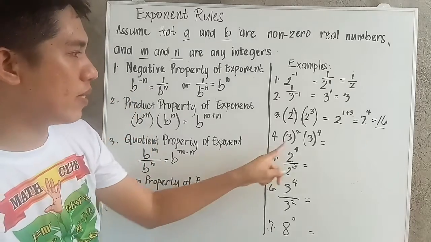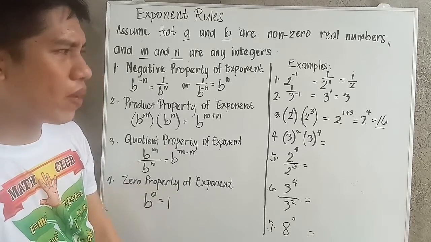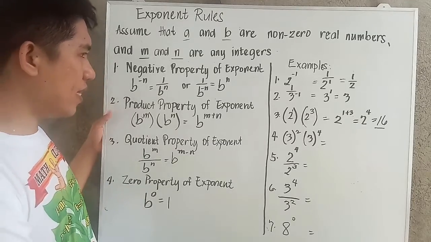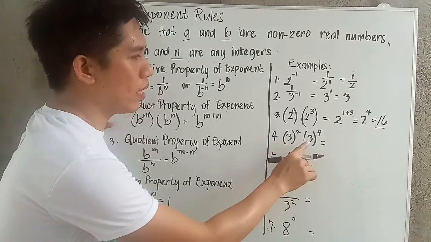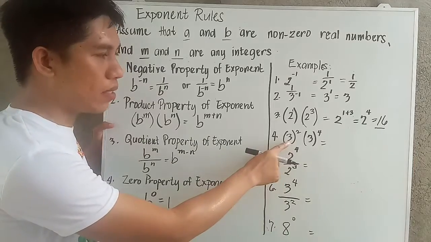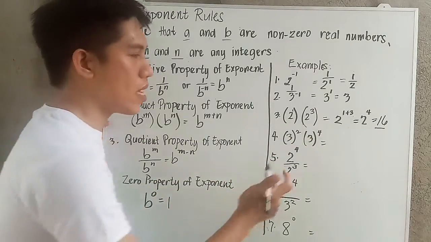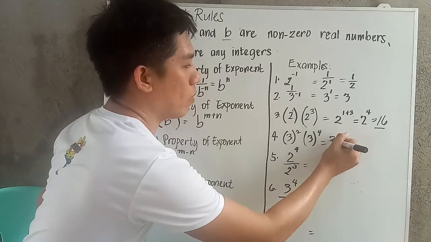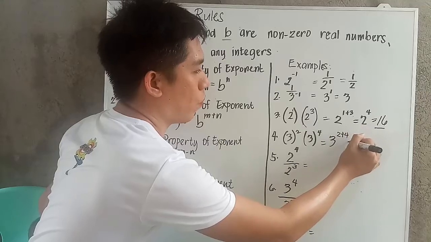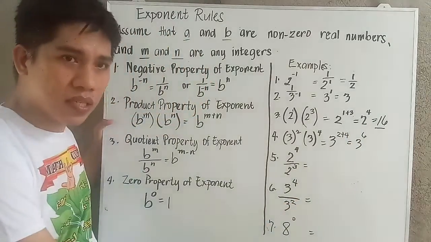Another example is 3 raised to the power of 2 times 3 raised to the power of 4. Take note, we have here 3, which is the base, and the exponents are 2 and 4. Since the base is the same, all we have to do is copy the base and add the exponents, 2 plus 4, which gives 3 raised to the power of 6. So how much is 3 raised to the power of 6?